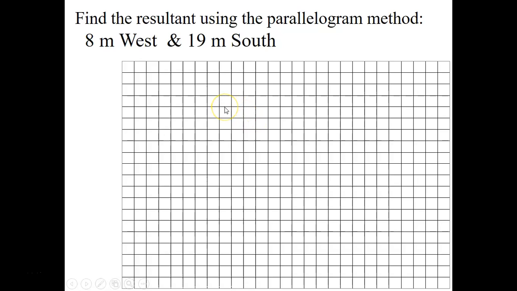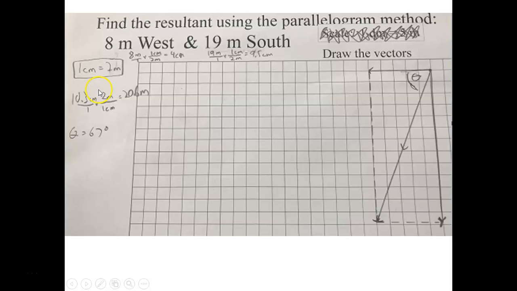So the first thing we want to do is come up with a scale that's going to fit on my graph paper. And I came up with a scale that 1 centimeter equals 2 meters. That means this 8 meters, since 1 centimeter equals 2 meters, I multiply by my scale, 1 centimeter over 2 meters, because the left equals the right, so I can multiply this without changing the quantity, because I'm using the top equals the bottom.